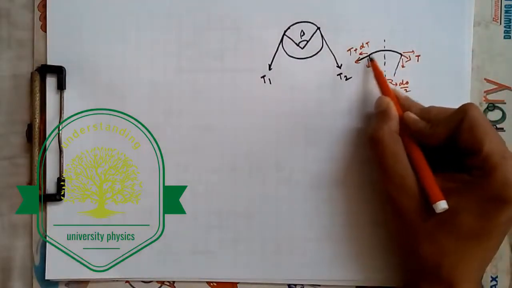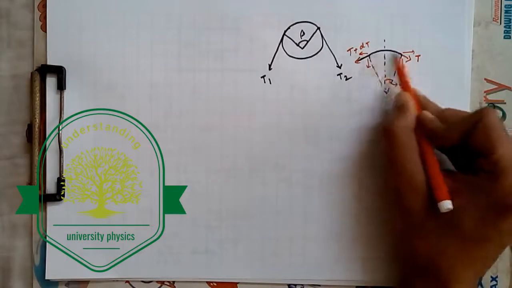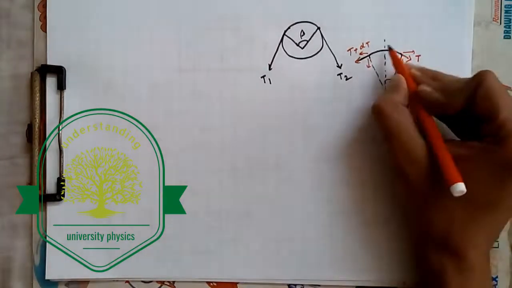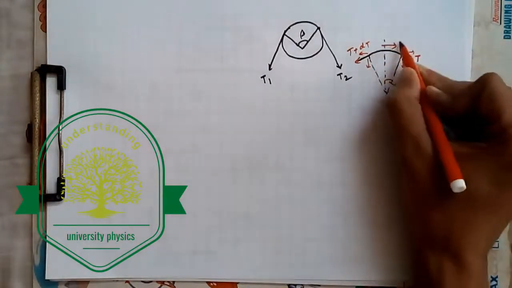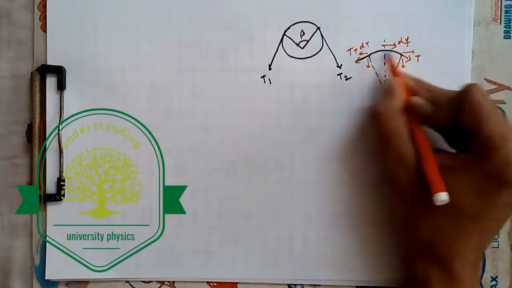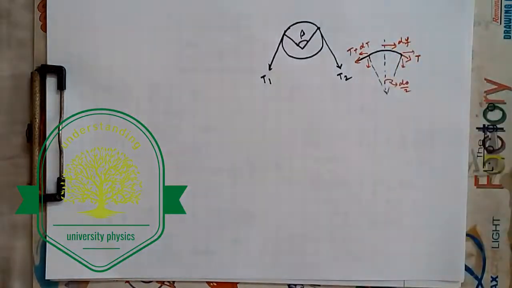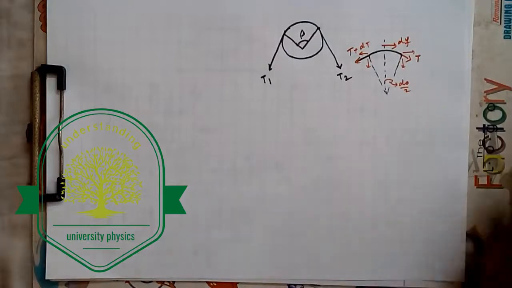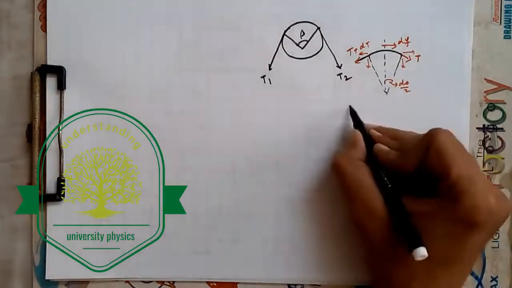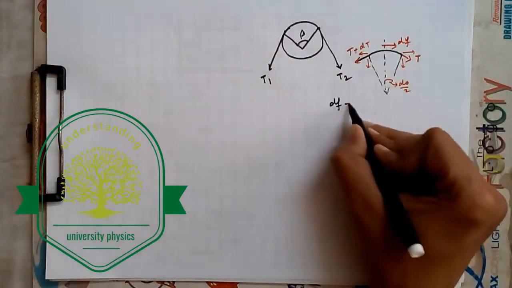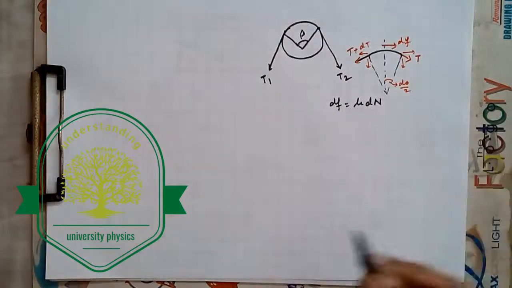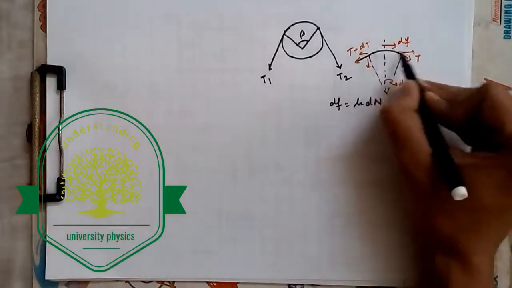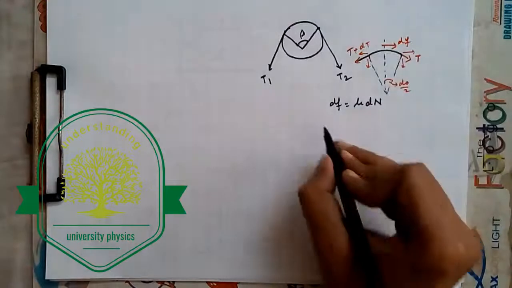Because motion impends and this belt tries to go to this side, a small frictional force of dF acts on the small portion of the rope. So dF will be equal to mu times dN, dN being the small normal reaction that acts from here.